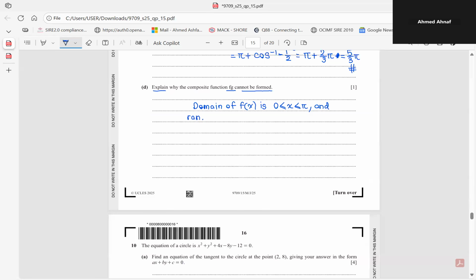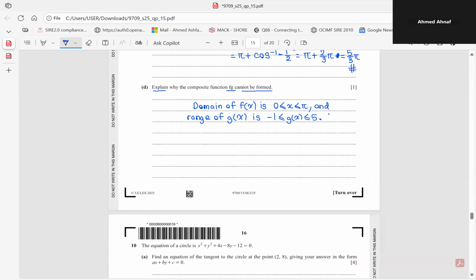And the range of g(x) is between -1 and 5. And as you can see, the range of g(x) is clearly not within the domain of f(x). It's beyond it.